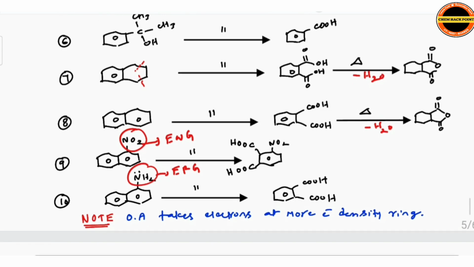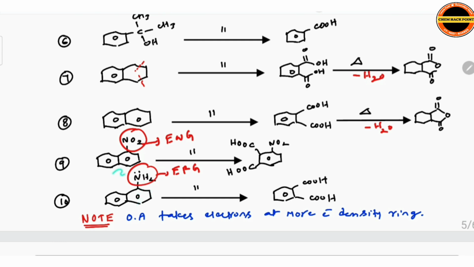That's why in the ninth compound, this strong oxidizing agent attacks at the site that is away from NO2, so that it can find more electron density. But in the 10th compound, NH2 has more electron density. That's why here it is attacking the site near NH2.